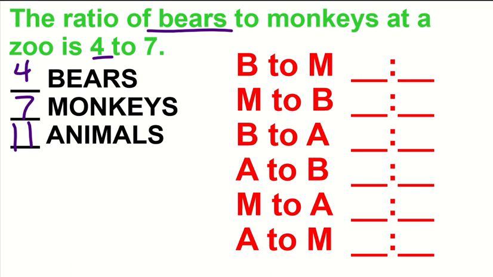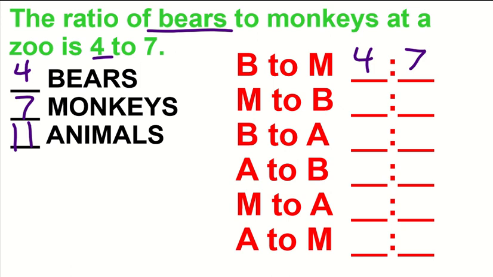If they give you that information in a problem, there are basically 6 different ratios they could ask you about. All 6 of them would use these 3 numbers: 4 bears, 7 monkeys, 11 animals. Bears to monkeys, that's what it gave us to start with, 4 to 7.